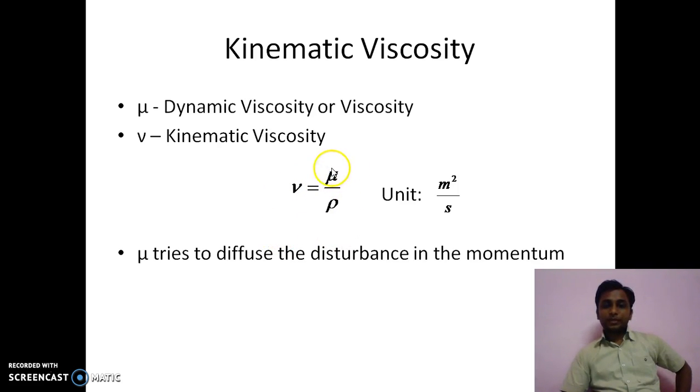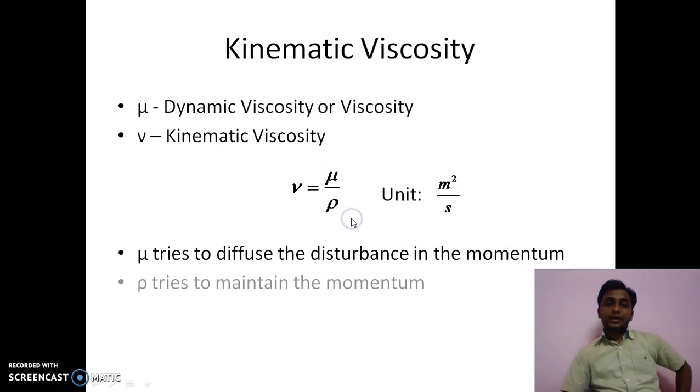So mu is nothing but viscosity, and we understood that mu is a parameter which tries to diffuse the disturbance in the momentum. So what exactly does mu do? It causes the disturbance in the momentum of the fluid flow, and hence we can say that mu tries to diffuse the disturbance in the momentum. This is the meaning of mu. And what does rho try to do? Rho tries to maintain the momentum, because rho is associated with the mass term, mass per unit volume.